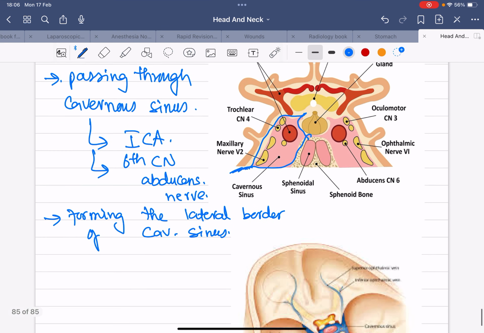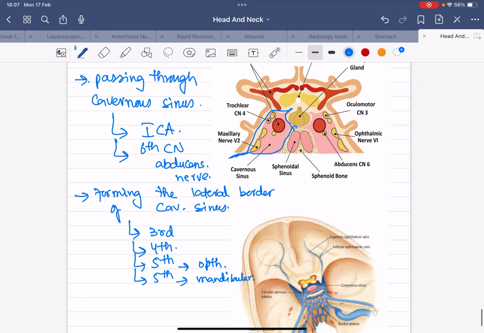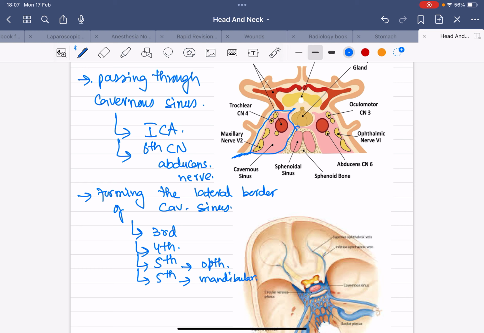These are your third cranial nerve, fourth cranial nerve, fifth cranial nerve ophthalmic branch, and fifth cranial nerve mandibular branch. In some books the mandibular branch forms the lateral border, in some books it is outside the cavernous sinus. So this is your whole discussion of the venous drainage of the skull and the brain. Thank you.